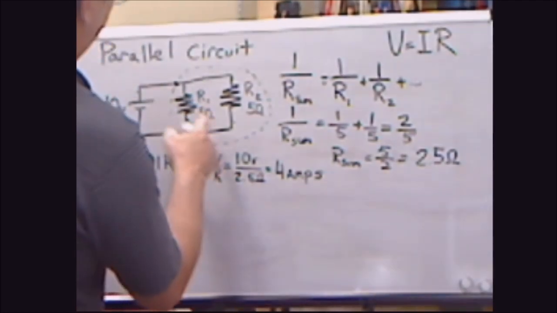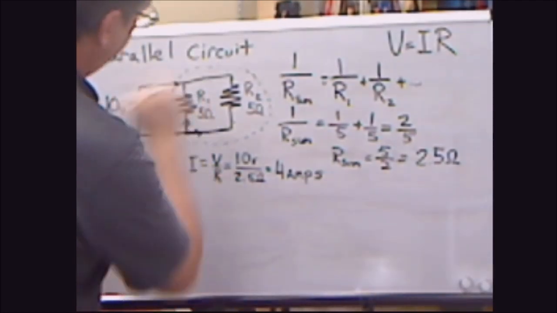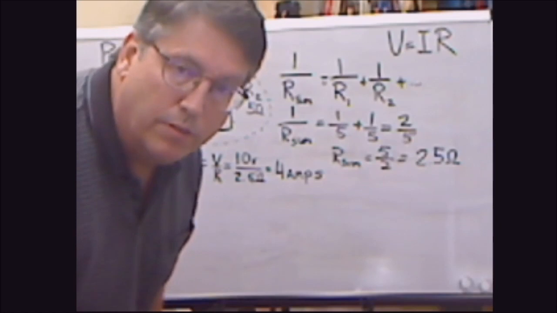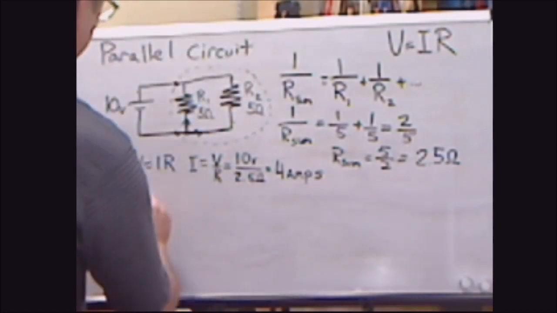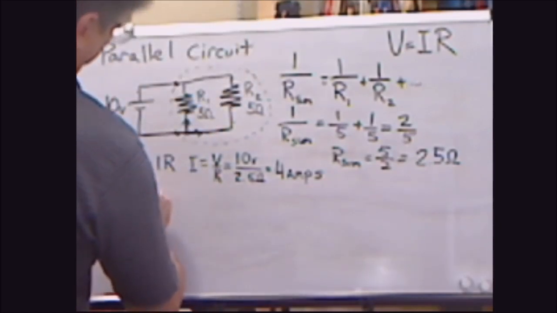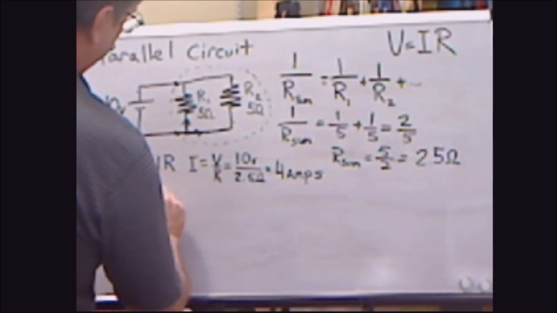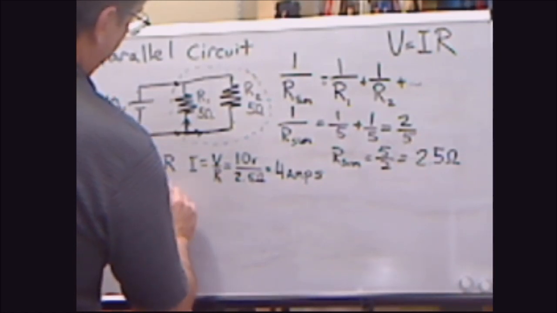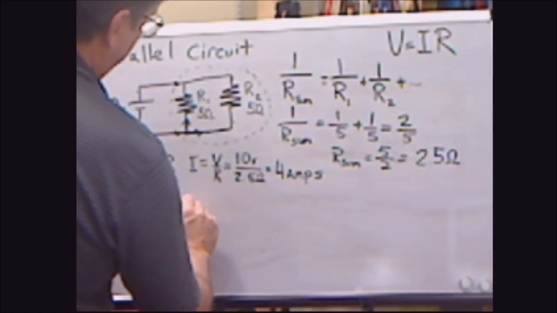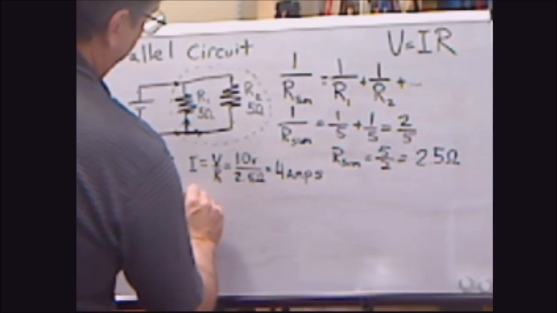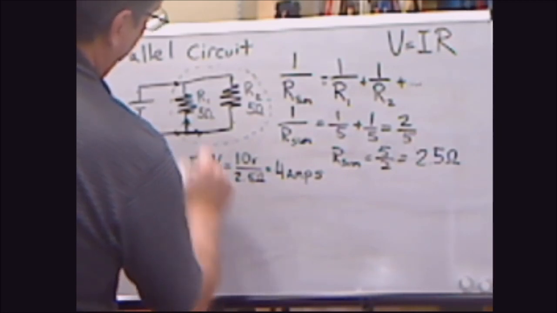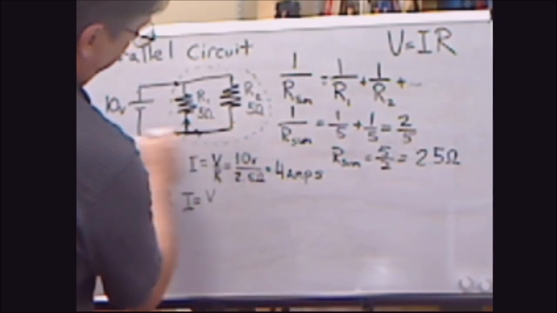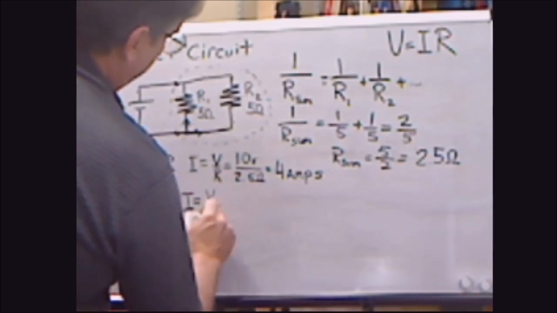So now let's find out the current that's going through resistor 1. Okay, so we've got V equals IR. We've always got V equals IR, right? And then we want to find the current going through resistor 1. So the voltage is the same all the way across that rail, for lack of a better word. And now we have R1.